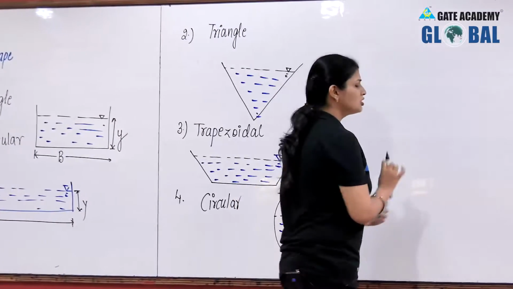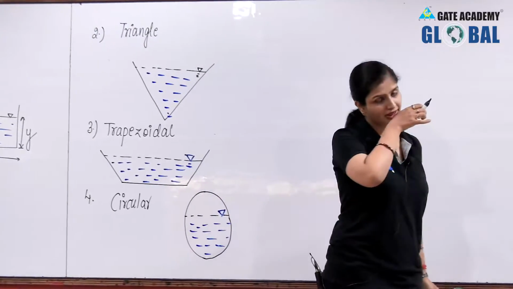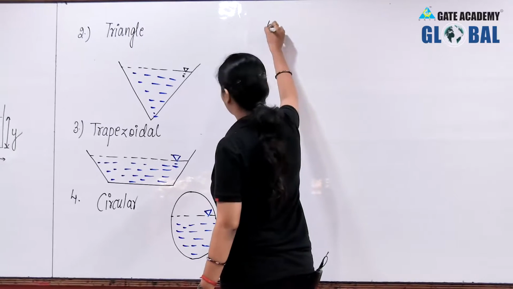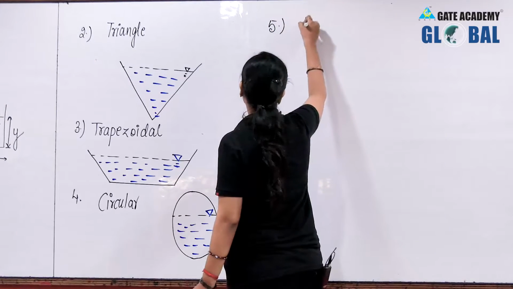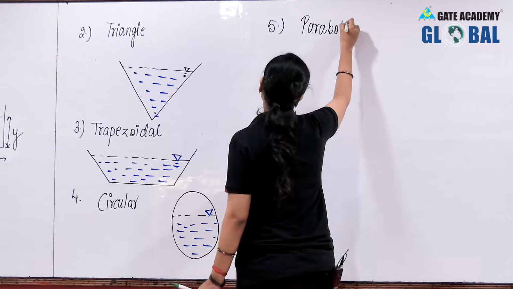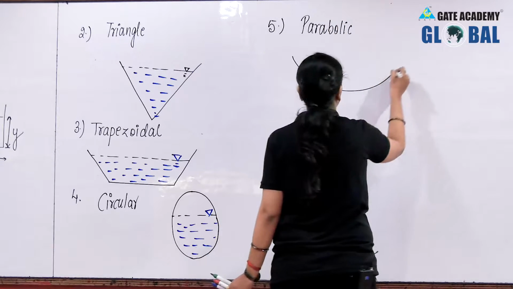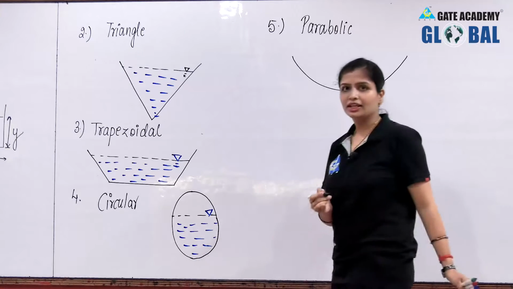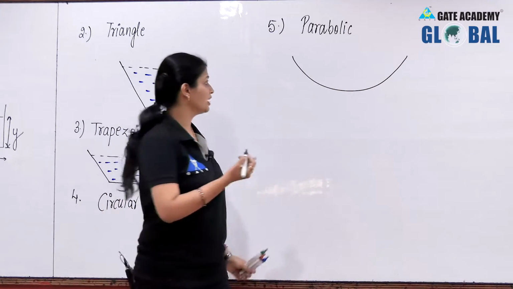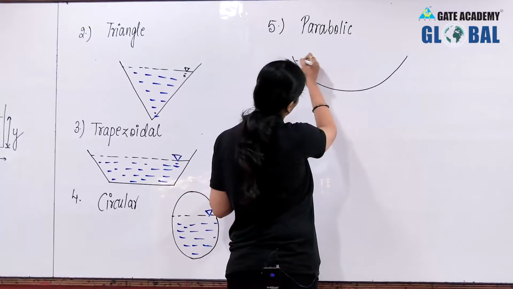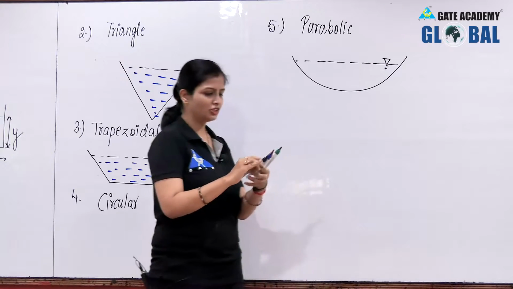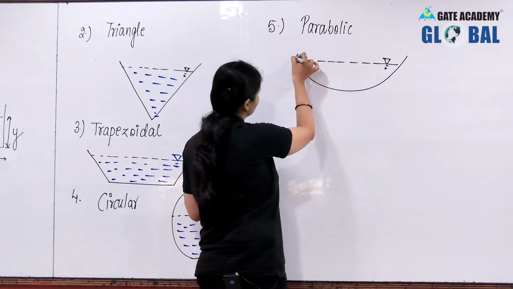Can I also write parabolic shape? Of course, there can be any shape. So there can be a parabolic channel also, something like this shape. There can also be exponential channels. But here for this parabolic channel, what you will see is the expression. Let us assume this is the top width.